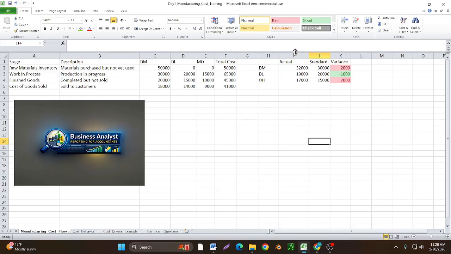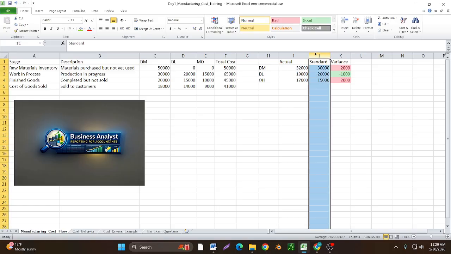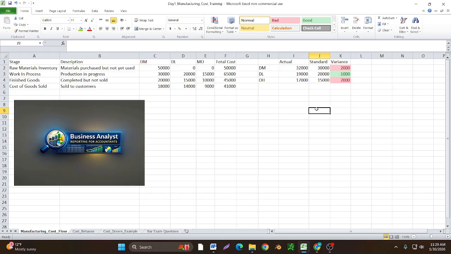As you see, I added two columns, actual and standard, and a variance. I entered different sample numbers. And here's where cost analysts start comparing what we expected to spend to what actually happened. You'll notice that some costs are higher and some are lower. Each tells a story.